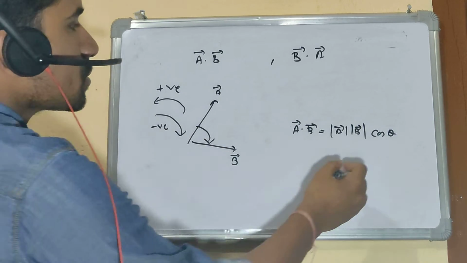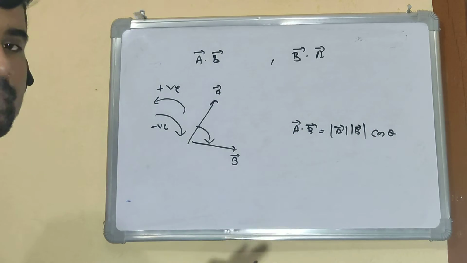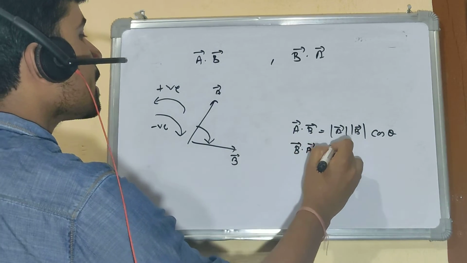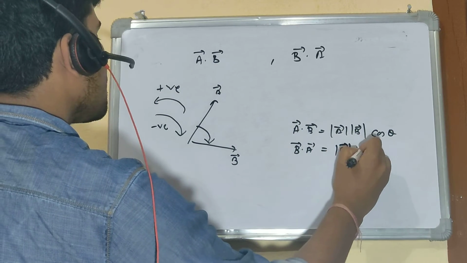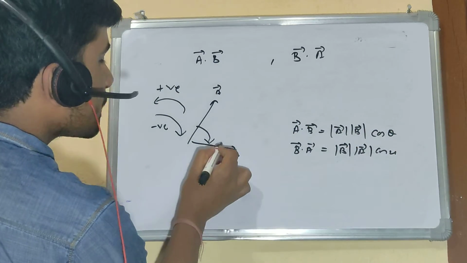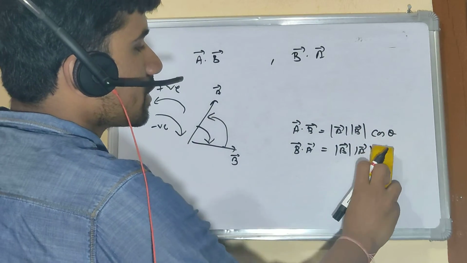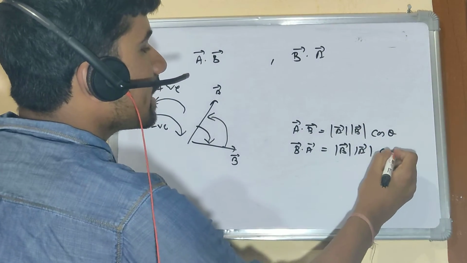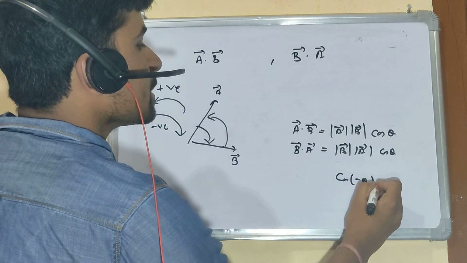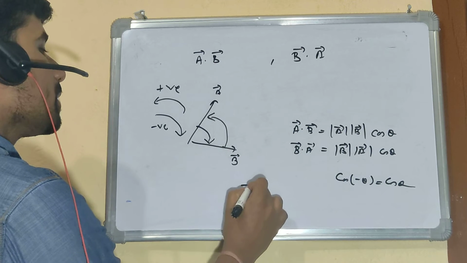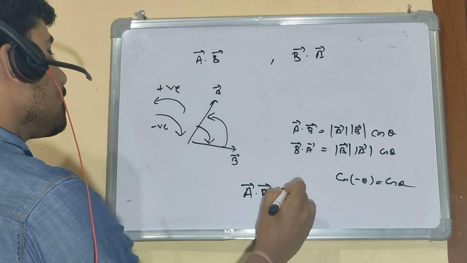Even if it is minus theta, cos minus theta is cos theta. And B dot A is again mod of B, mod of A, cos theta, with the angle in the other direction, which is again cos theta, the same as before. Cos minus theta is again cos theta, and hence the dot product follows the commutative law, and A dot B will always equal B dot A.